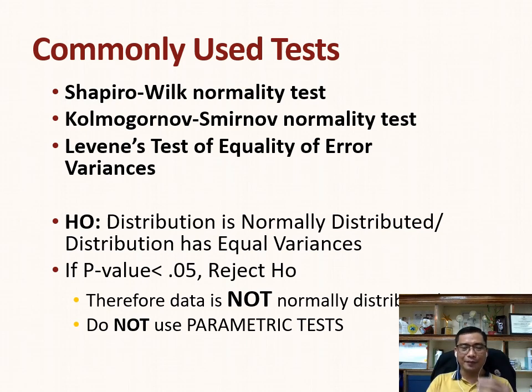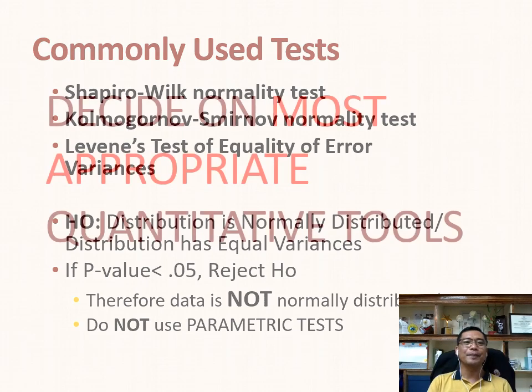Let me correct myself there. If the p-value is less than 0.05, therefore you should not use parametric tests. If it's greater than 0.05, therefore you are accepting the H0, therefore it's normally distributed, therefore you could use parametric tests. Sorry for that confusion.